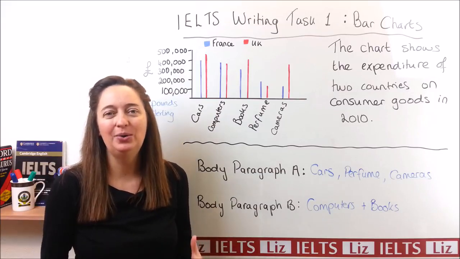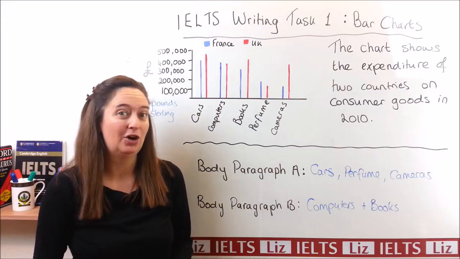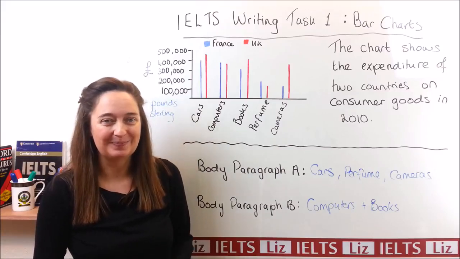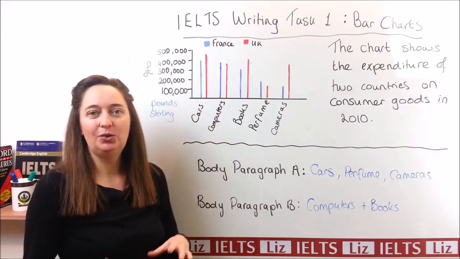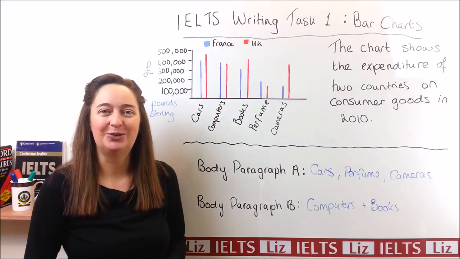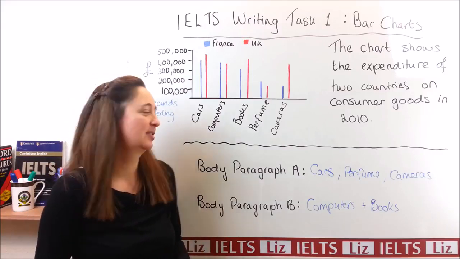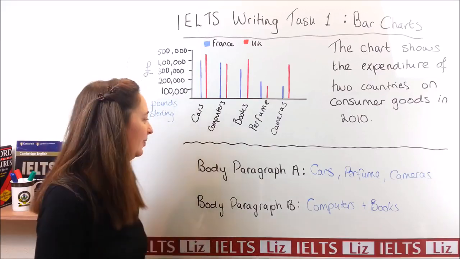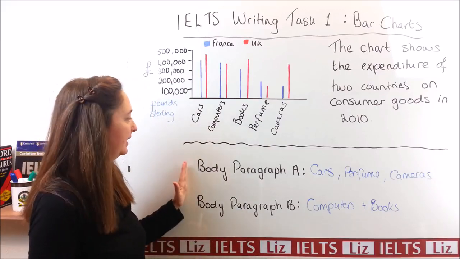So if you have only one body paragraph, it's going to be hard to get a good result for coherence and cohesion. So I'm going to show you 2 different ways to organise the body paragraphs. The most important thing is that it's logical. So this is one possibility.